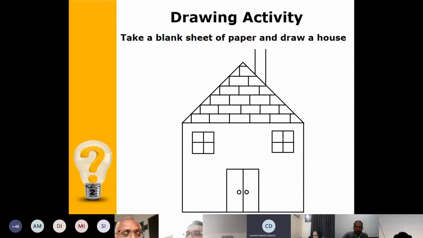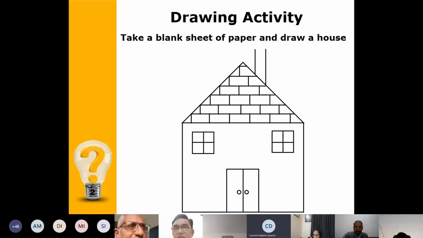Why does your house look something like this? I'm sure for most of you, whatever house you drew, it looks something like this. It may have an extension on the right, but this is what it would look like. Now think, why did you draw your house with a triangular roof?